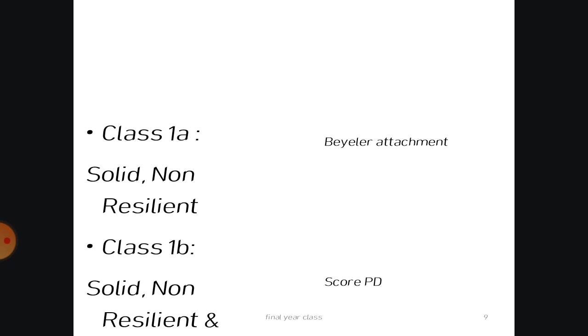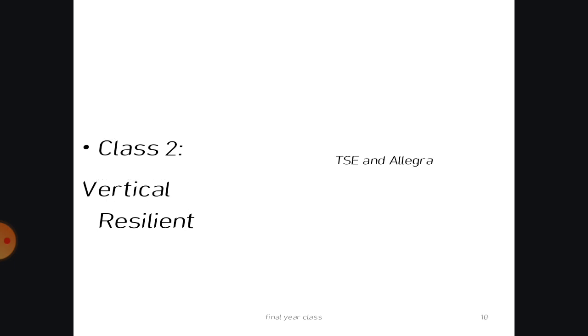Class 1B, that is rigid with a lockable mechanism, you have score PD as the example. And class 2, it allows a vertical movement, and at the same time it is resilient. That is, from class 2 to class 6 it is resilient with a vertical component of motion permitted by the attachment.